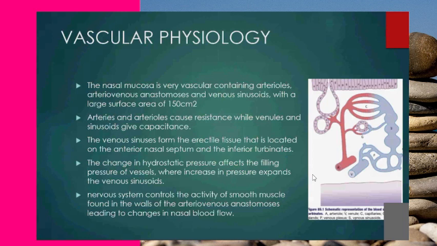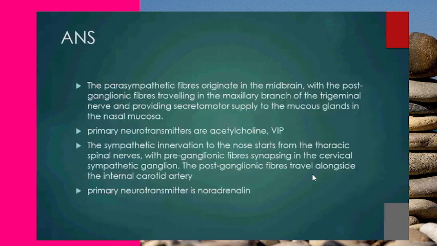And how are these vessels being controlled? By the autonomic nervous system, because of the activity of the smooth muscle, which is found in the arteriovenous anastomosis. So any change in the autonomic nervous system can cause a change in the caliber of the vessels. So how does this autonomic nervous system supply here?